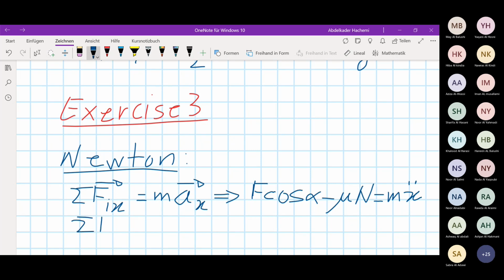We have the second equation, which is the sum of the forces along the y direction, also equal to the mass multiplied by the acceleration along the y direction.